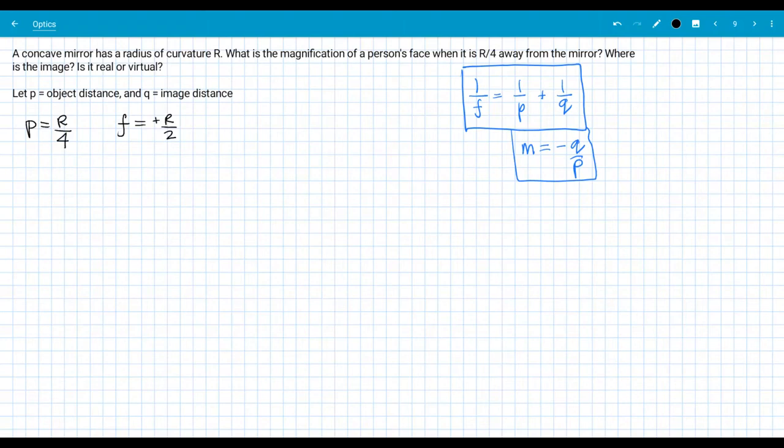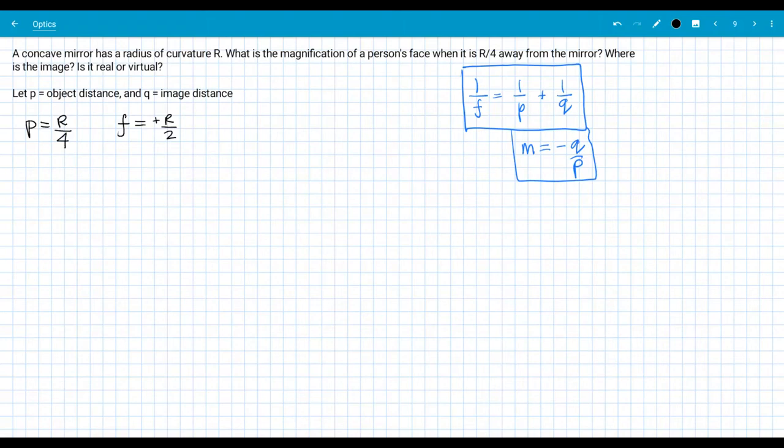So this is a concave mirror, and it therefore has a positive focal length. So the magnitude of a mirror's focal length is always half of the radius of curvature, but then the sign of that focal length depends on the type of mirror, of course. So concave mirror, positive focal length.